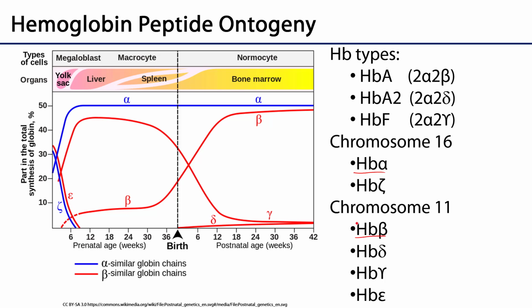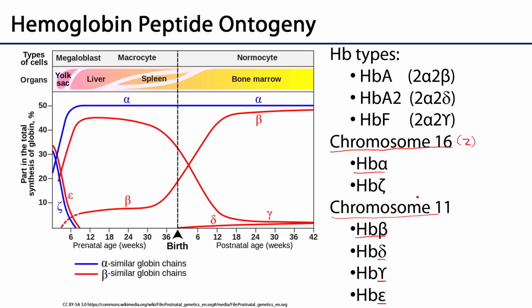So the alpha and alpha-like are encoded by subunits. There are two of them on chromosome 16. And beta and beta-like, so this includes, if you're not familiar with Greek letters, delta, gamma, and sigma. These are all encoded on chromosome 11.